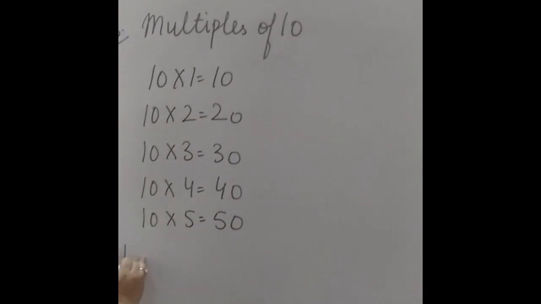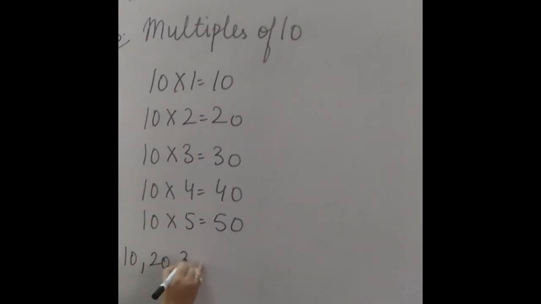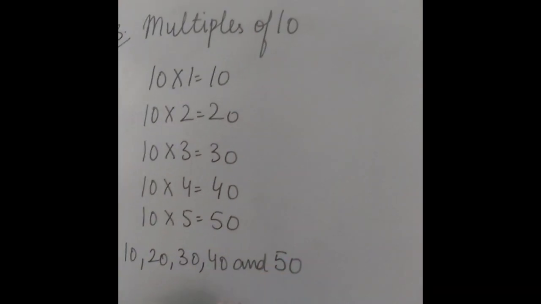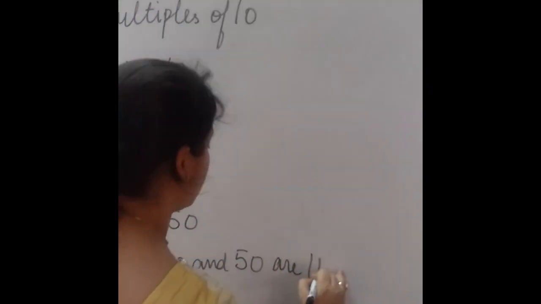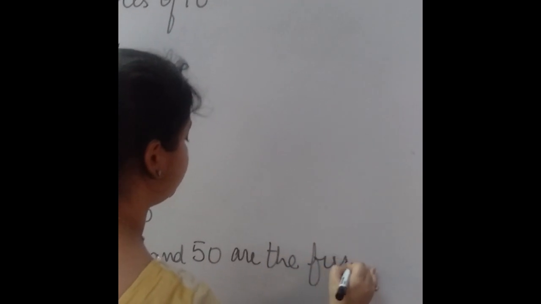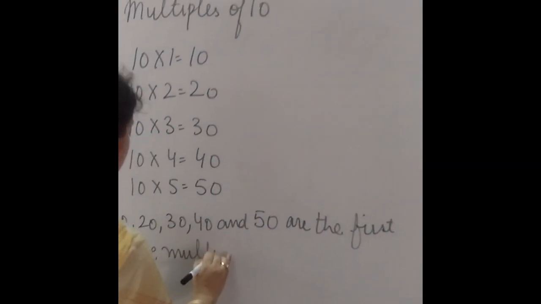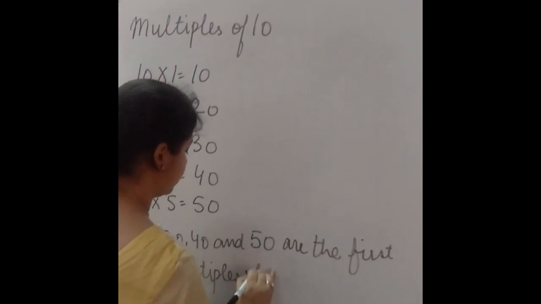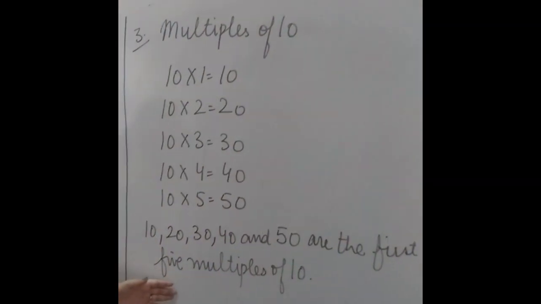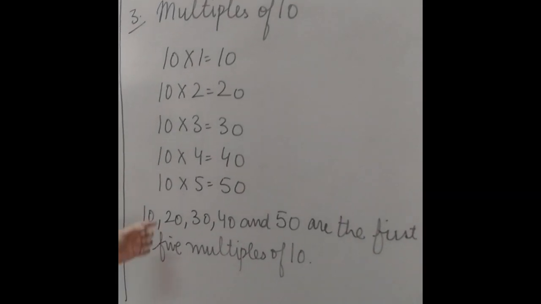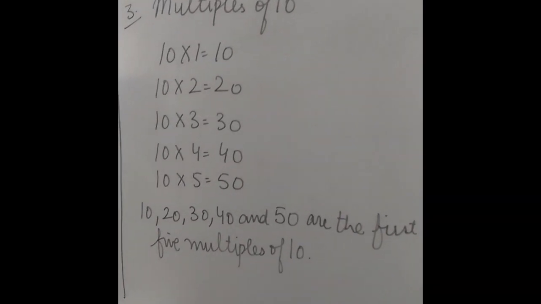So 10, 20, 30, 40 and 50 are the first 5 multiples of 10. Now in this way you can find as many multiples as given in the question. I hope the concept of factors and multiples is now clear to you.